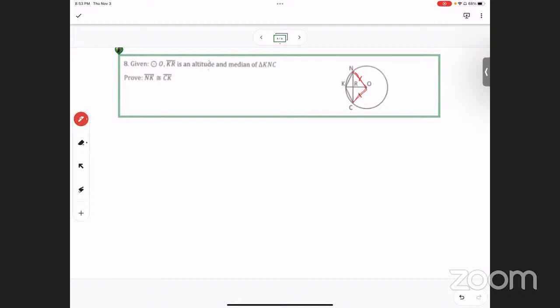Then KR is an altitude and median of triangle KNC. So if it's a median, that means that these two are equal, right? And if it's an altitude, that means that it's a right angle. All of these are right angles, in fact. Got it?